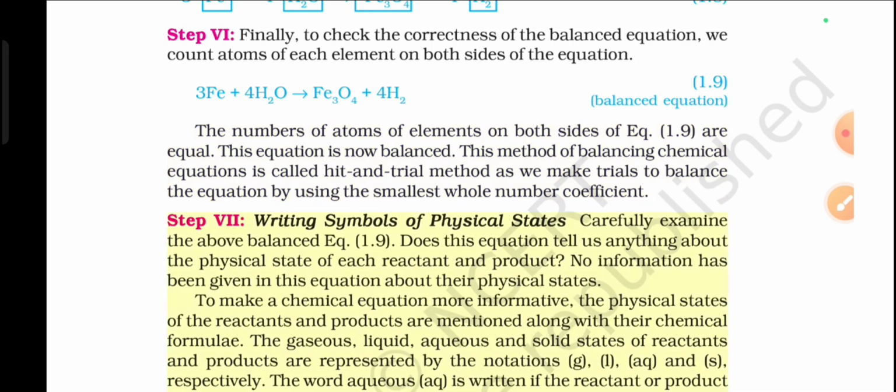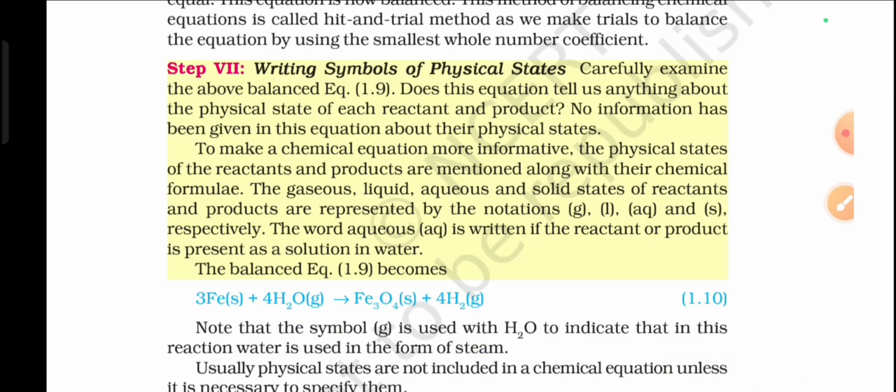Step 7. Writing symbols of physical states. Carefully examine the above balanced Eq. 1.9. Does this equation tell us anything about the physical state of each reactant and product? No information has been given in this equation about their physical states. To make a chemical equation more informative, the physical states of the reactants and products are mentioned along with their chemical formulae.